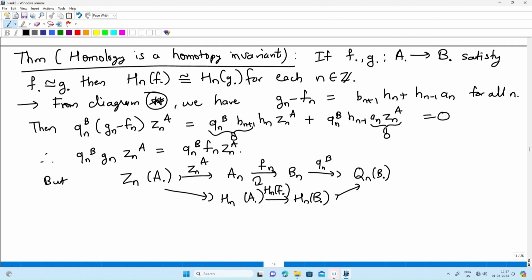So what did we just see? From the previous line, if I replace this Fn by Gn, nothing is going to change. So even if I replace Hn F dot with Hn G dot, I will get the same thing.